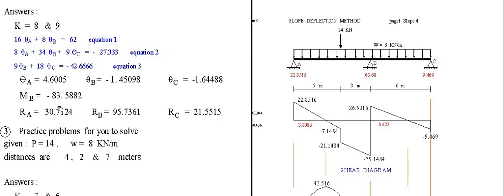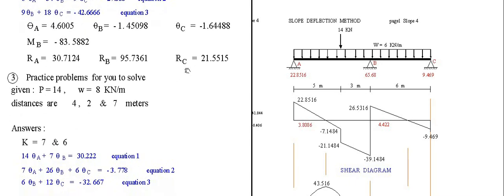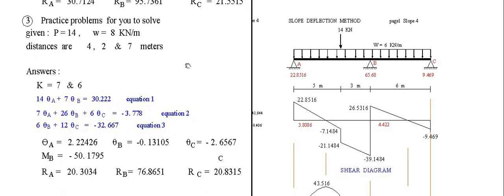Okay, the moment at B is minus 83.5882. Then solving the reaction, we have these 3. Then we have another set of challenge for you to solve. P1 is 14, then W is 8 instead of 6. Then distances, change this again to 4, 2, and 7.